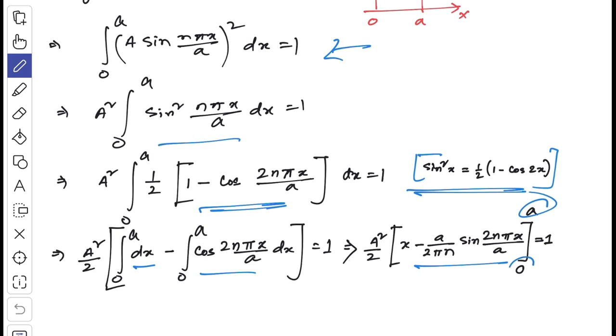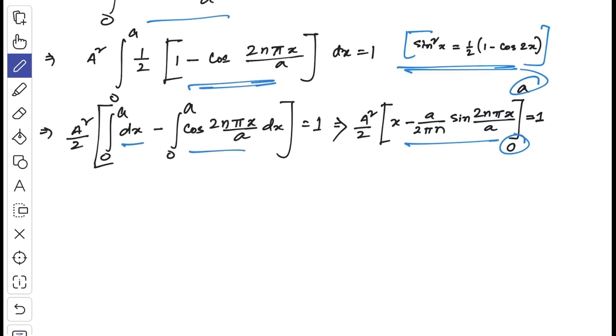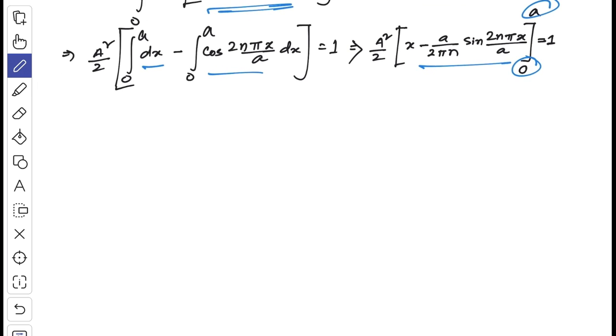Now let us put these limits. Doing so, the result we will get is A squared times a by 2 is equal to 1, which will imply A is equal to root over 2 by a. Okay, so we get this.